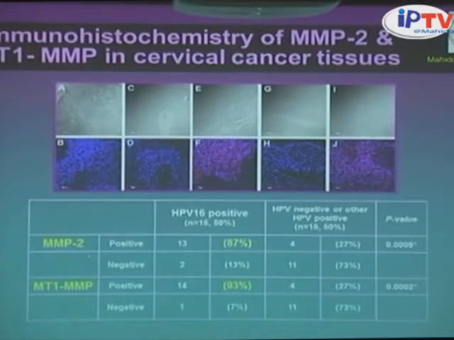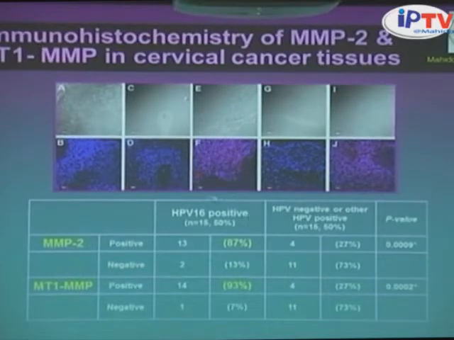So when we summarize the data from about 30 samples that we obtained, half of them contain HPV-16 and the other half contain other types of HPV or are HPV negative.